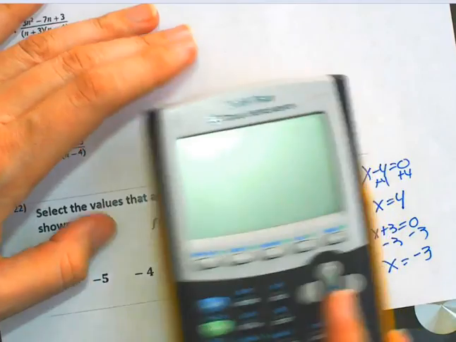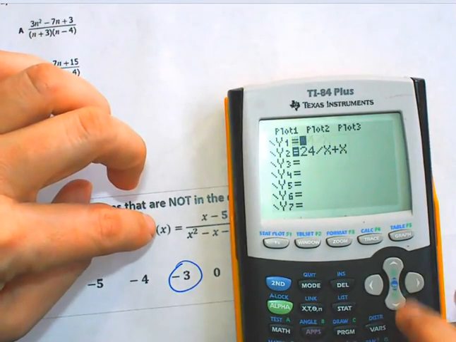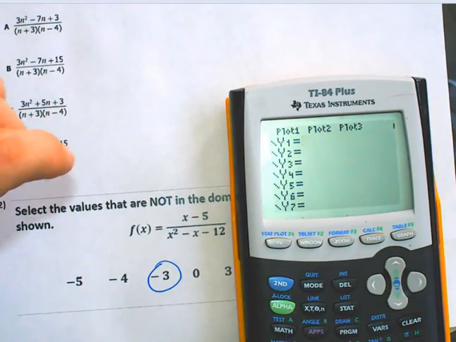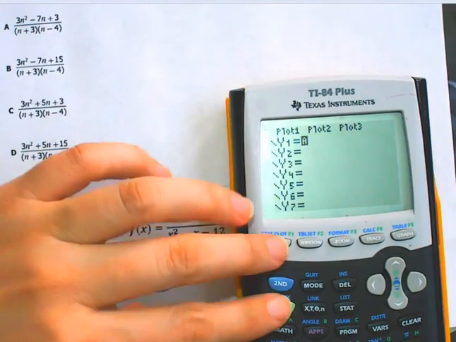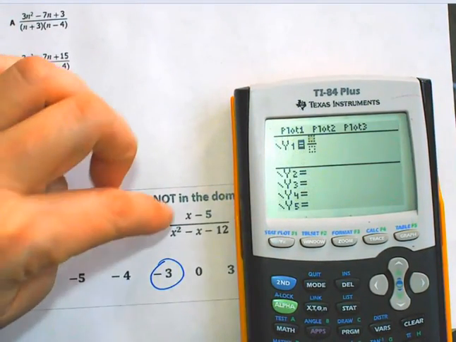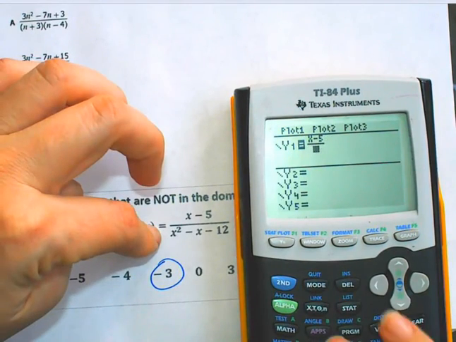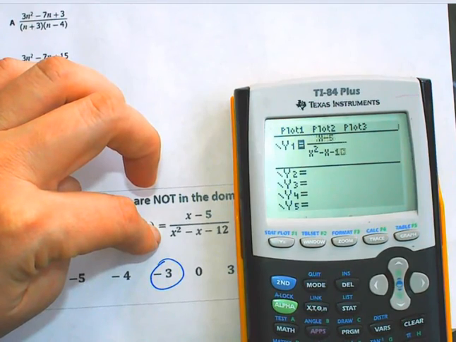So the other thing you could do was put this in the calculator. Okay, let's clear this out. Remember, to make it look like a fraction, we're going to do alpha y equals. And then I have x minus 5 at the top. Then I have x squared minus x minus 12.